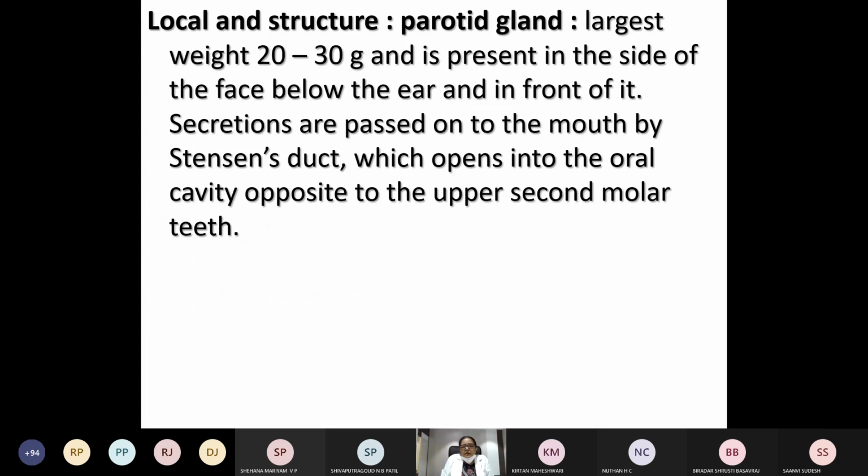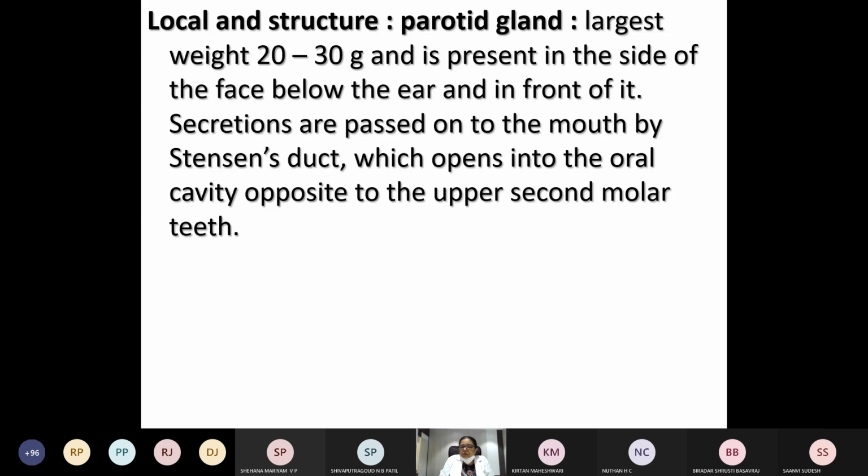So it is a localized structure. The parotid gland is the largest gland, weighing about 20 to 30 gram, and is present on the side of the face, below the ear and in front of it.